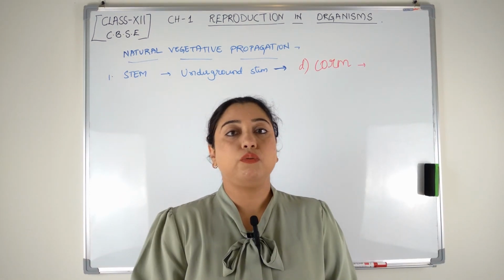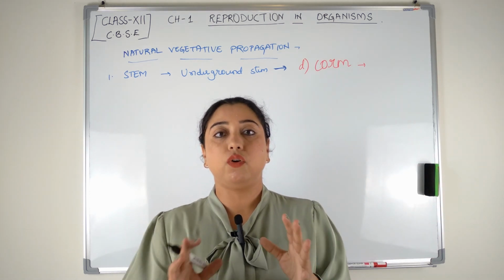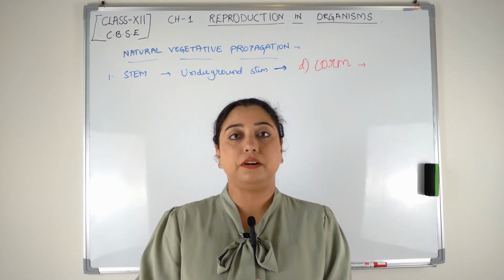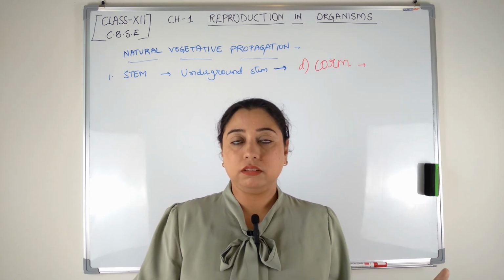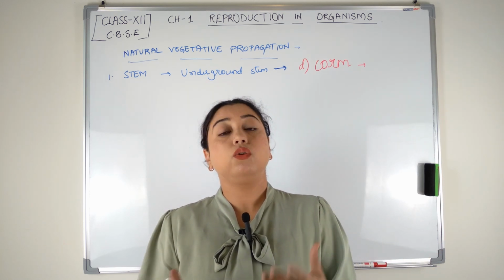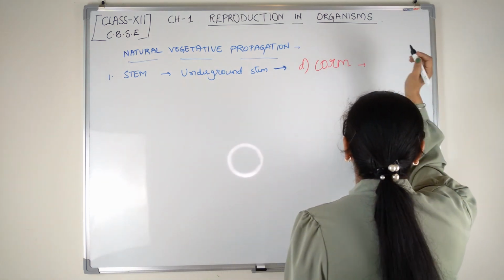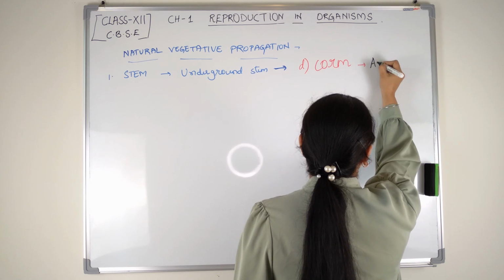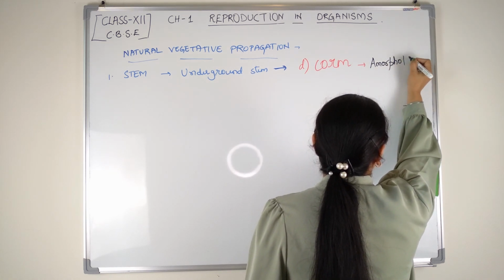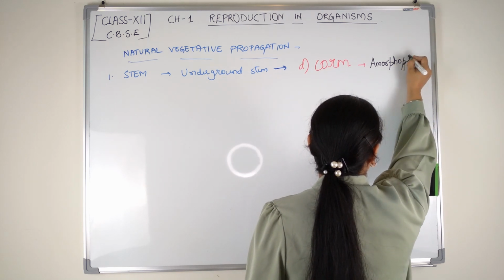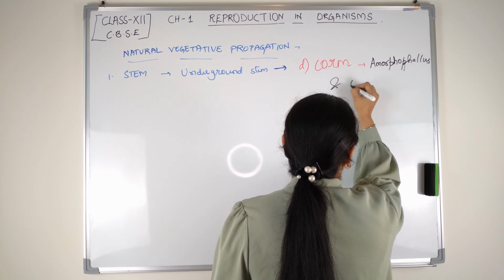So students, the fourth type of vegetative propagule is corm, and corm is normally seen in the case of plants like Amorphophallus, which is known as Jamikand in Hindi, or Colocasia, which is known as Arbi in Hindi. So the examples of corm are Amorphophallus and Colocasia.